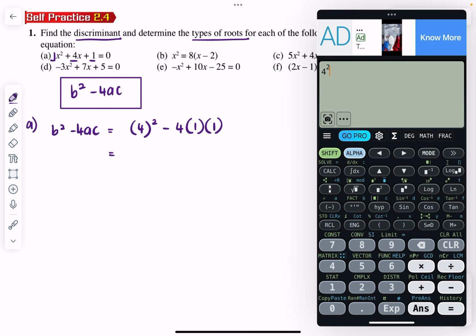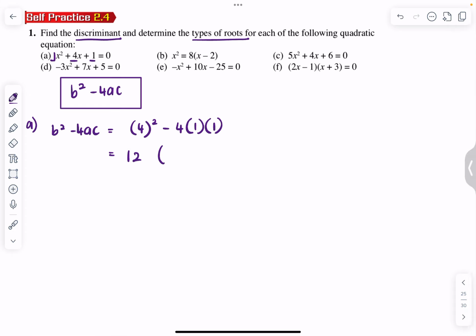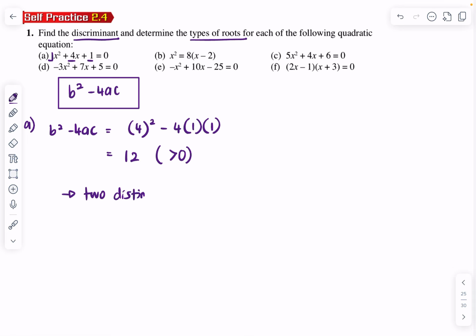So 4 square minus 4, 12. So this 12 is more than 0. Since b square minus 4ac is more than 0, we can say this will give us two distinct real roots. This will be our answer.